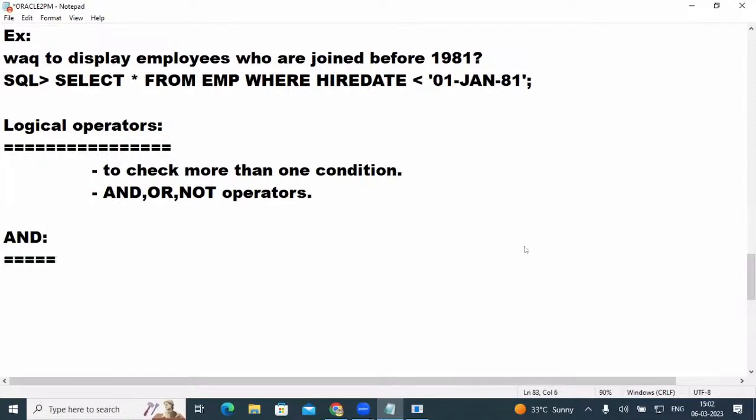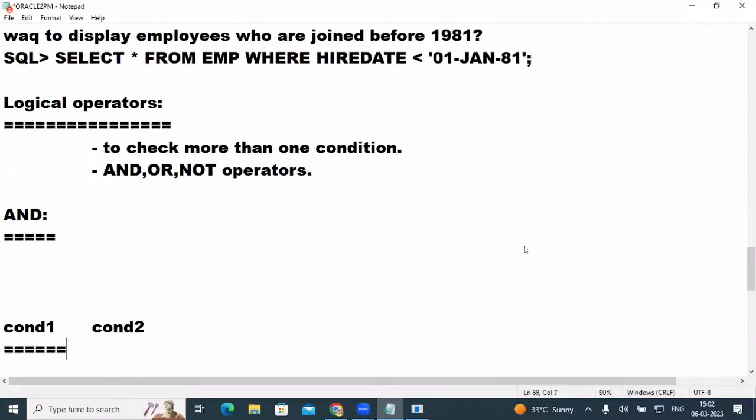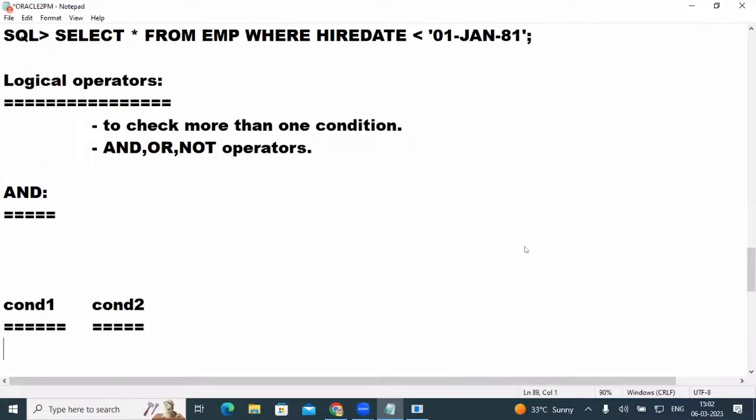So how does the AND operator work internally? The easiest way to understand it: condition number 1 and condition number 2. In between, suppose I apply the AND operator on these two conditions. Observe how it works. All of you know this from mathematics, truth tables.